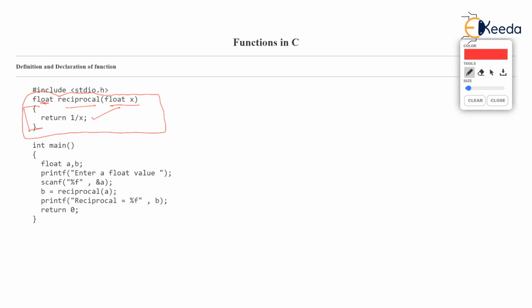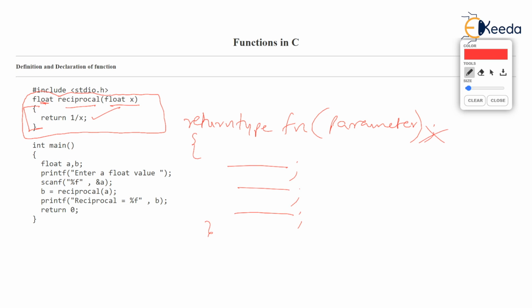And how do you define a function? A function is defined by writing the return type, then the function name, then the parameters, with no semicolon, remember, no semicolon here, and then brace open, then the body of the function, one or more lines, and then end. This is known as function definition.